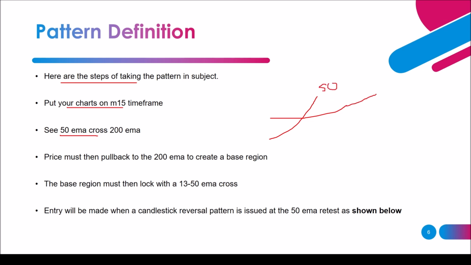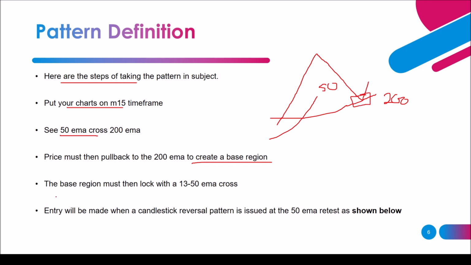So in this case, let's say this is the 200 and that is the 50. This is the first step. Then price, let's say this is the price, must come back to the 200 EMA to create the best region. The point we call the best region is basically a 200 EMA retest. So when the price comes to retest the 200 EMA, we create the best region.